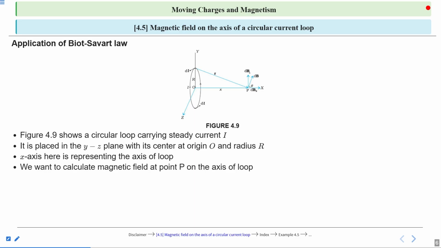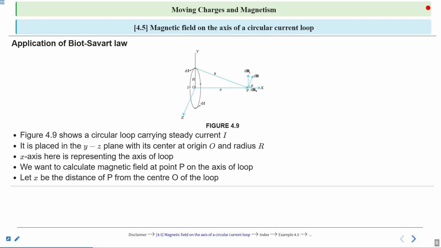So we are going to calculate the magnetic field at point P on the axis of the loop. P is some point on the axis of the loop at some distance x from the center of the loop. So let x be the distance of point P from the center of the loop. Now you can visualize this diagram.